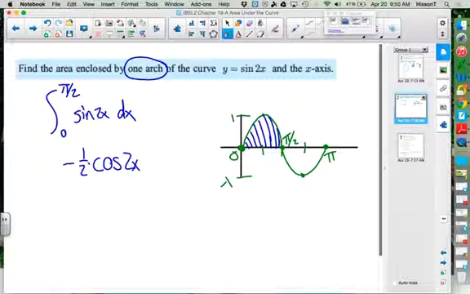So it's negative 1/2 cosine of 2x. We evaluate that from 0 to pi over 2. These are both on the unit circle, so I would expect to see something like this on a non-calculator part.